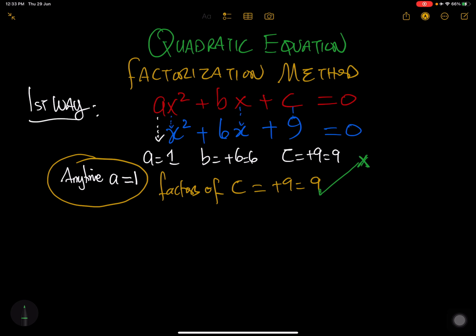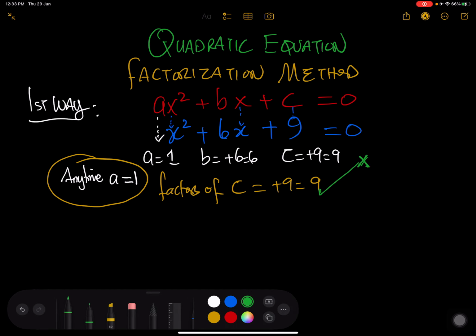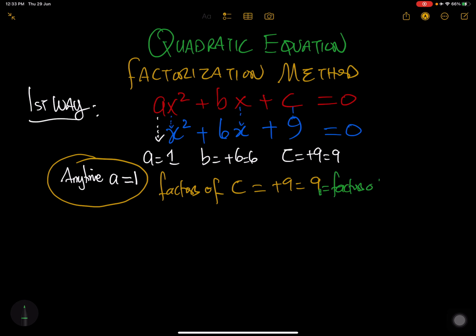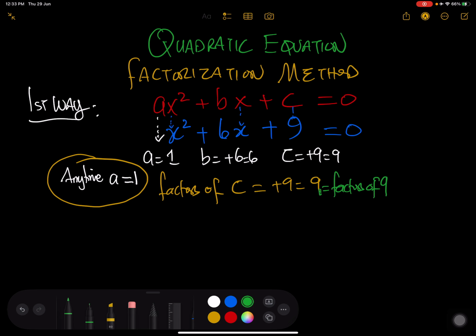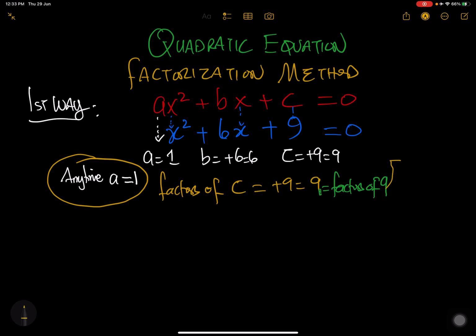we are saying that we're going to look for factors of c. So let me rewrite that again. We're going to look for factors of 9, and when you multiply those factors, you are going to get plus 9. Don't forget that.